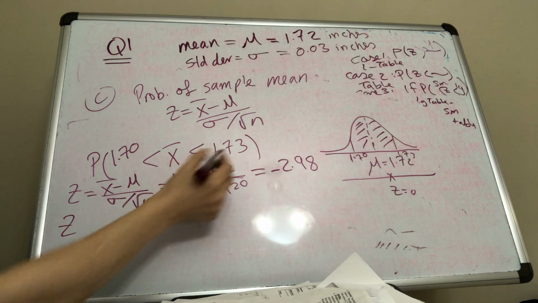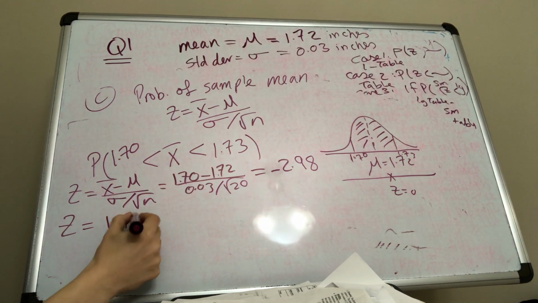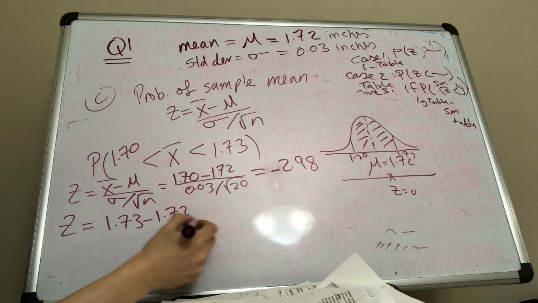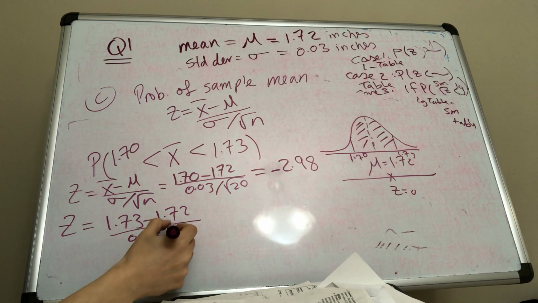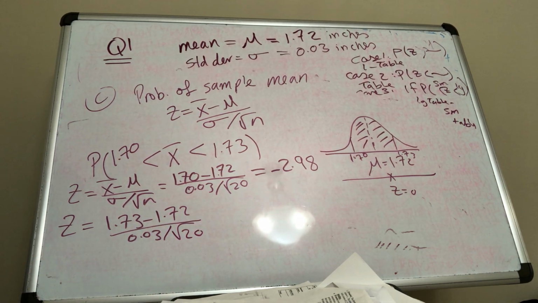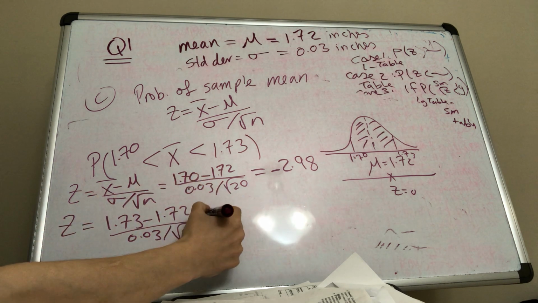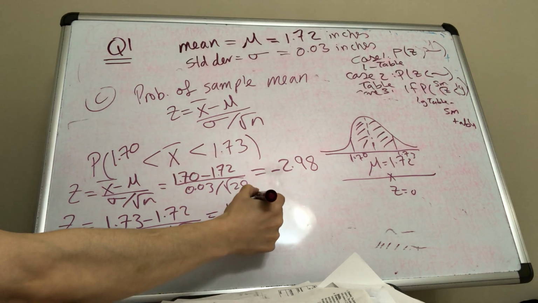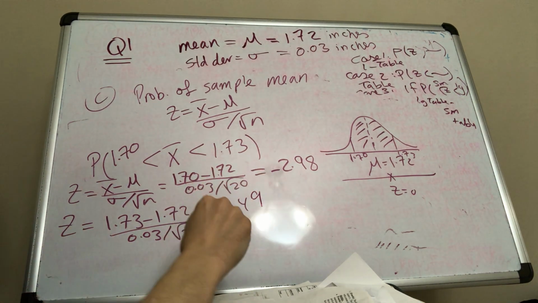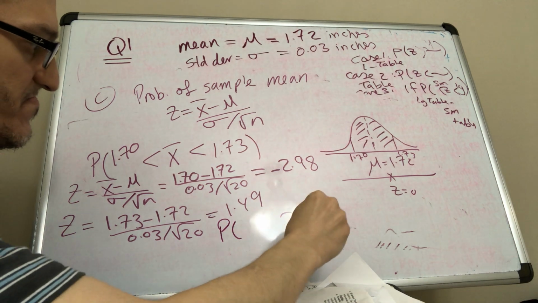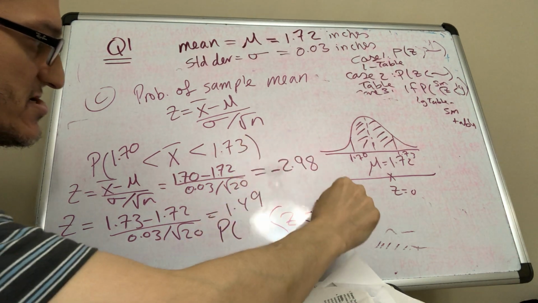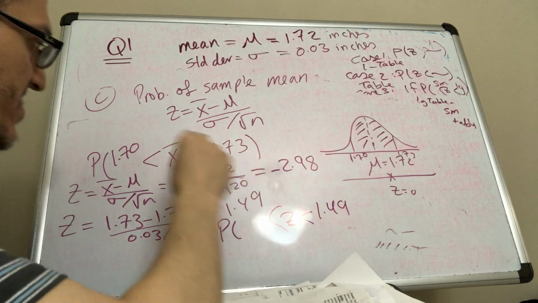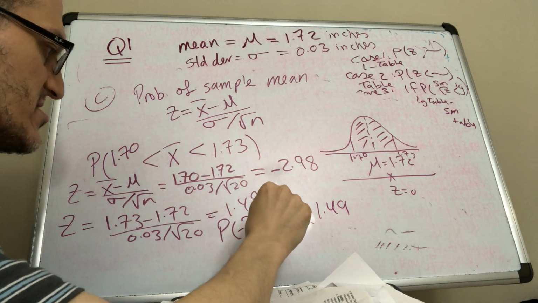I'll use it for the other number, and that gives me 1.49. So the large is 1.49, the small is minus 2.98.